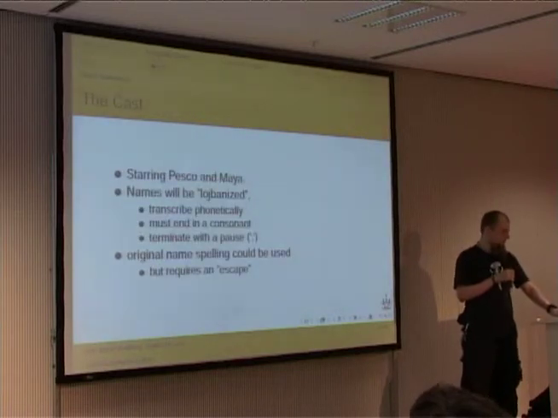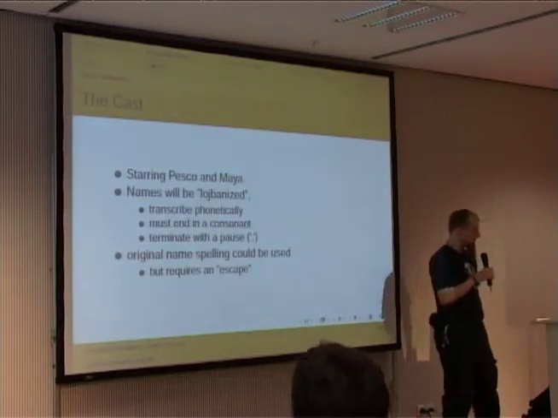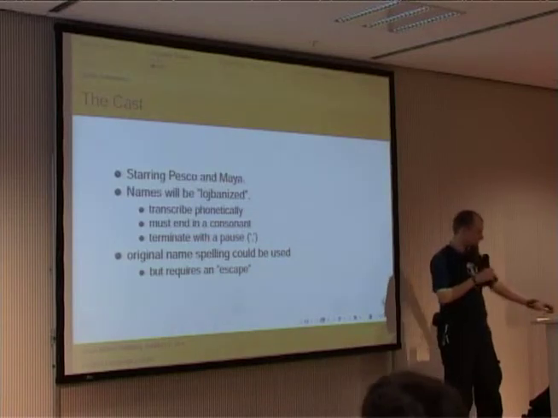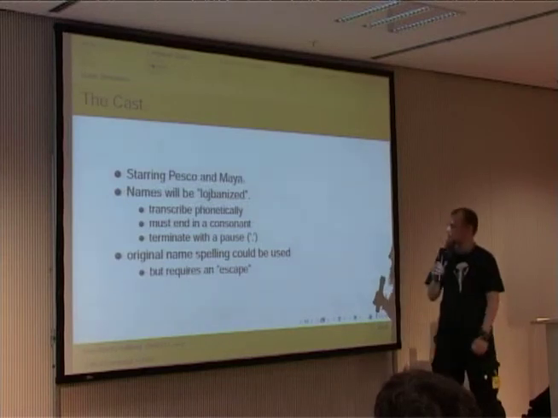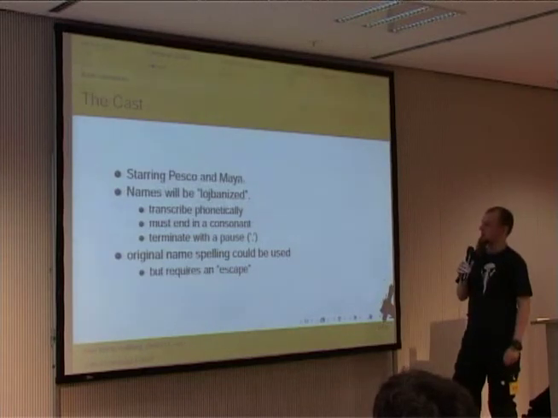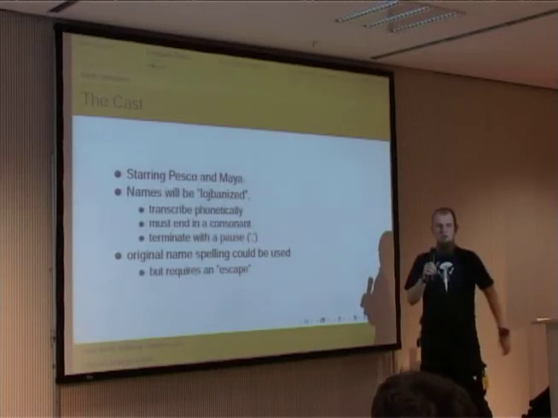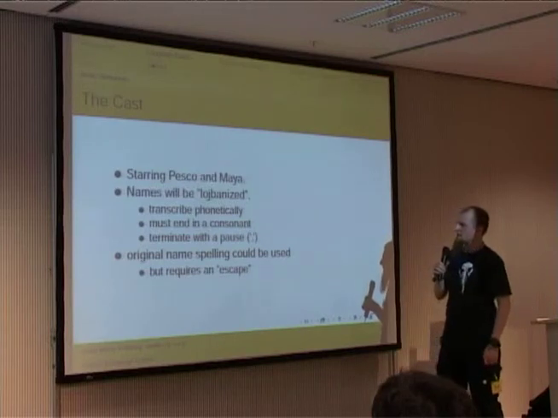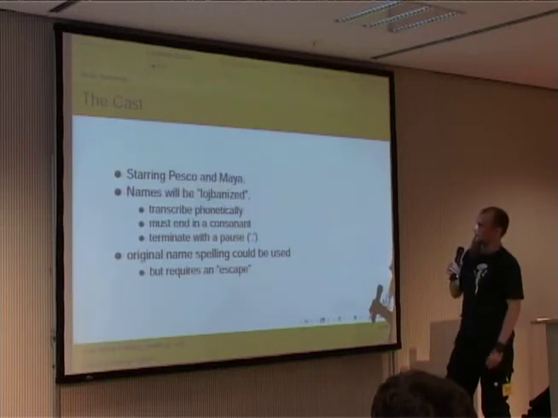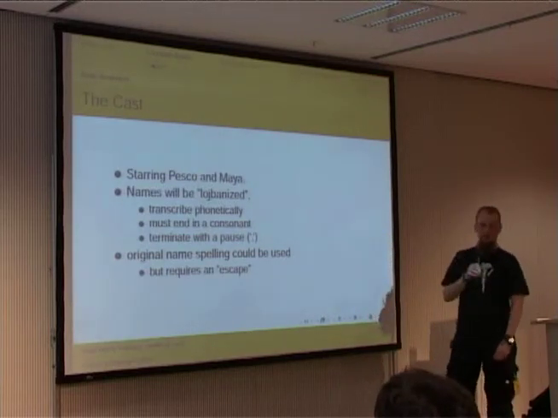So, we need some words, of course, to make a real lojban sentence. First, we need some objects or subjects, which will be persons in this case because it's very easy to use names. So the cast is Pesco and Maya. Pesco, that's my nickname, and Maya is in the audience. To use these names, we'll lojbanize them.